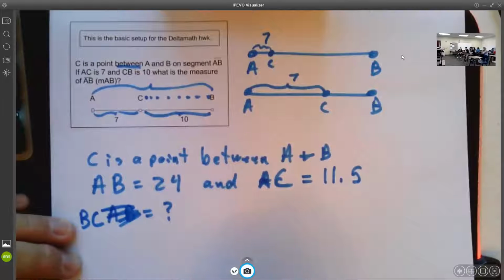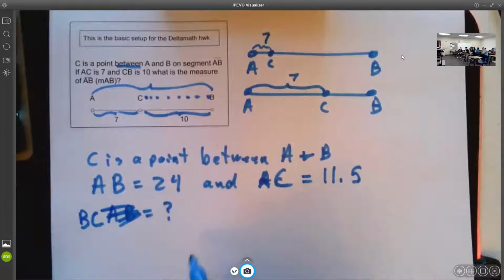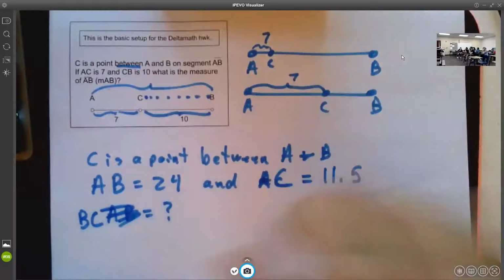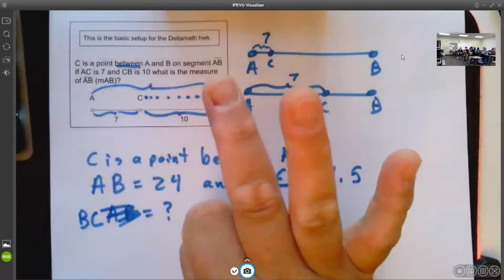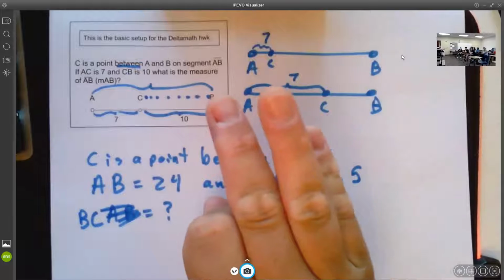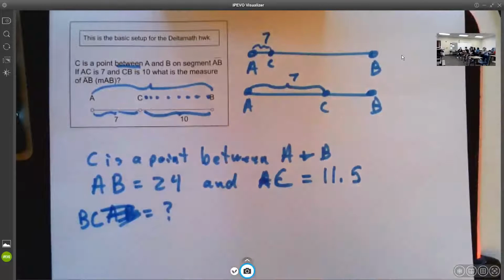Okay. So what would I need to do first if this is my problem? I need 3 words from you. Draw a picture. Does that make sense, guys?